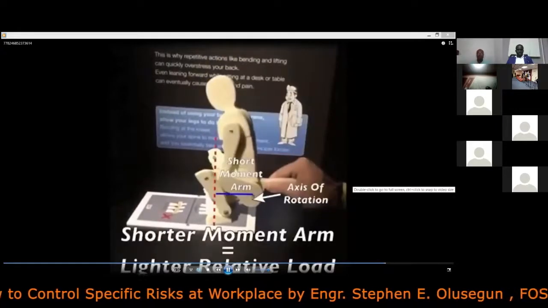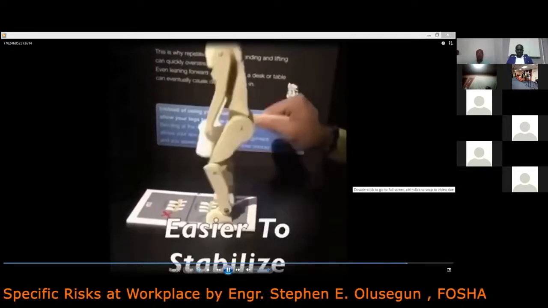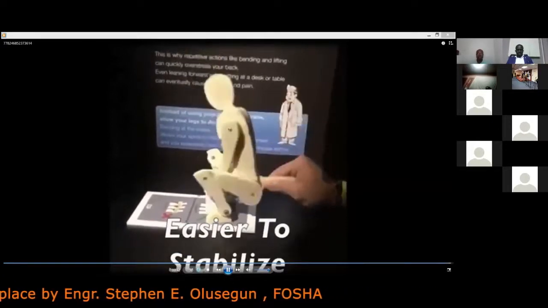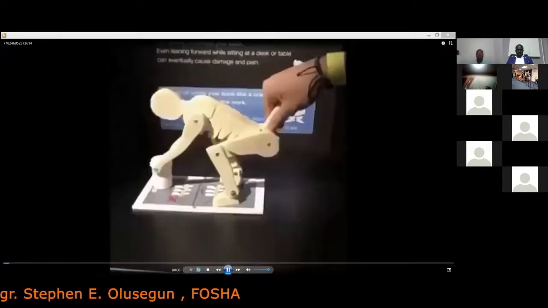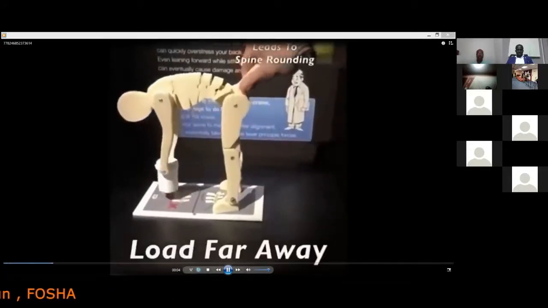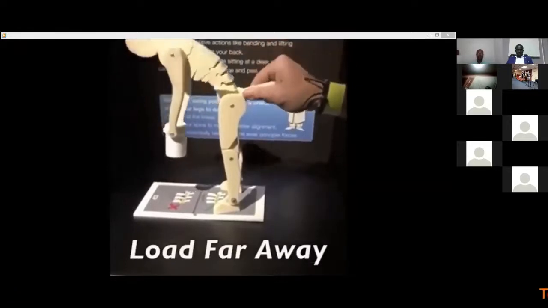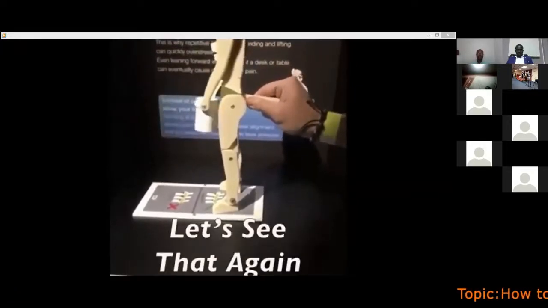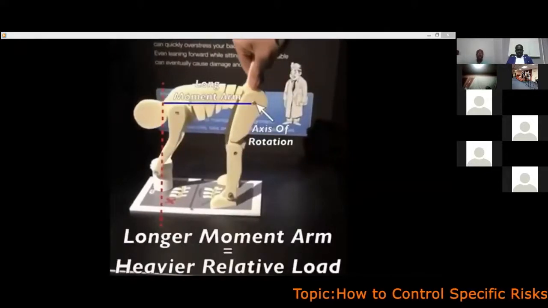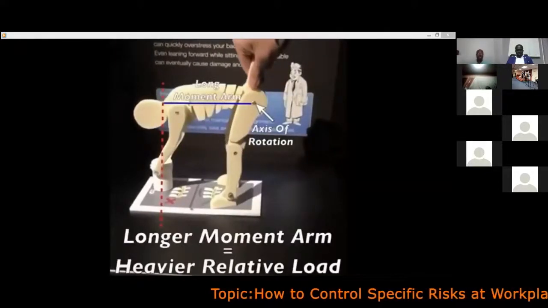And I want people to tell me what is going on. Easy to stabilize. It's carrying load far away. Can you see it? Axis of rotation.